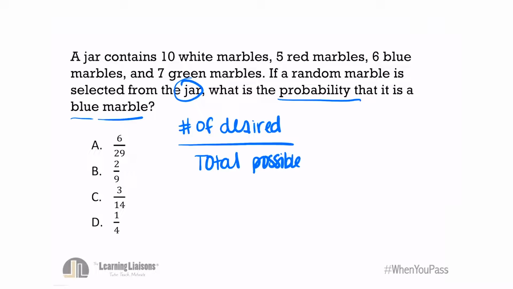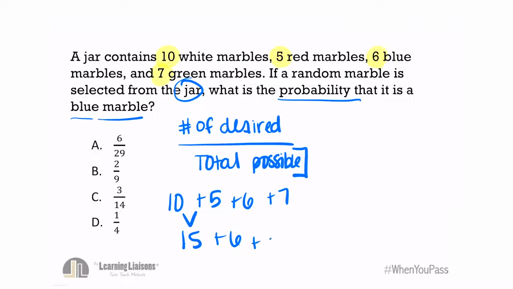So we're going to add 10 marbles plus 5 plus 6 plus 7, and that's going to give us the total possible marbles in this jar. So 10 plus 5 plus 6 plus 7, 15 plus 6 plus 7, 15 plus 6 is 21, plus 7 is 28. So there's 28 total possible marbles in this jar.